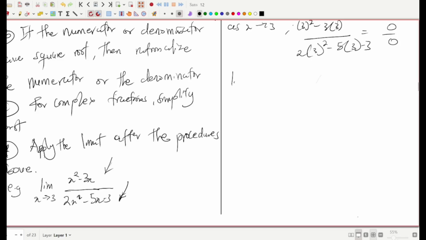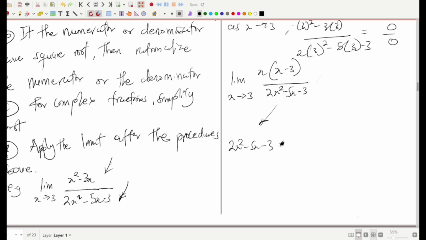So limit as x approaches 3: we can factorize the numerator by taking x out, and we end up with x times x minus 3 divided by the denominator. The denominator is a quadratic expression, so we have to factorize. What do you think this will be? Now for this one, 2x squared minus 5x minus 3.